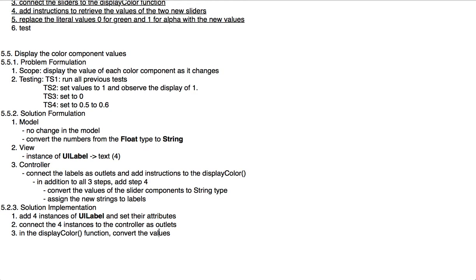So to convert, how do we convert? We're going to ask the string class how to convert, and you'll see that. And then convert the values, and then display in label. Display in label is actually assigning the strings to the text attribute of each label. Convert the values to string type, and then test.